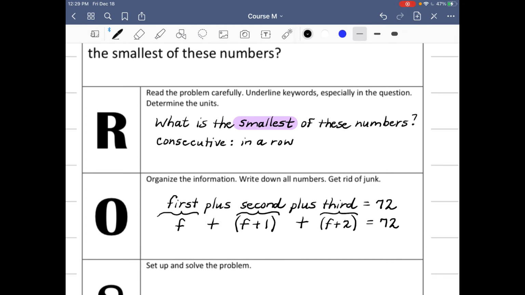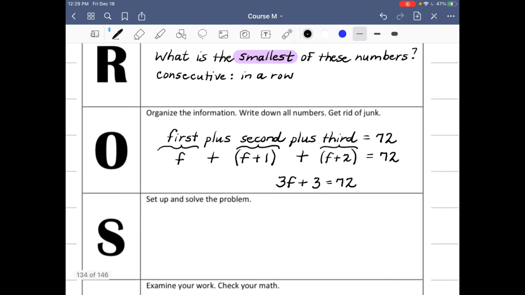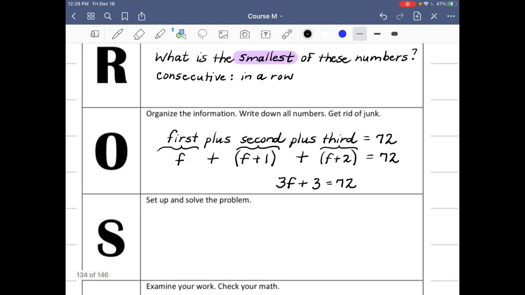So what we have here is a total of 3 F's plus 1 plus 2, that's 3, is 72. And this is the problem that you and I need to solve. So I'm going to go ahead and put my power T right in there. Here's the variable side, and here's the constant side.